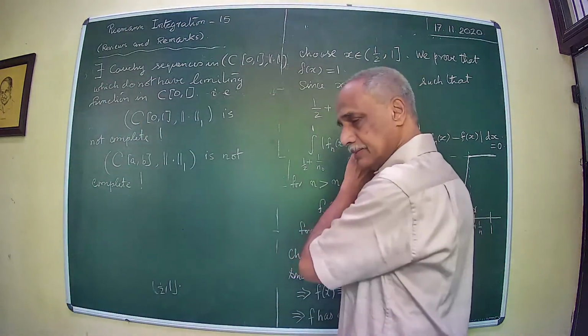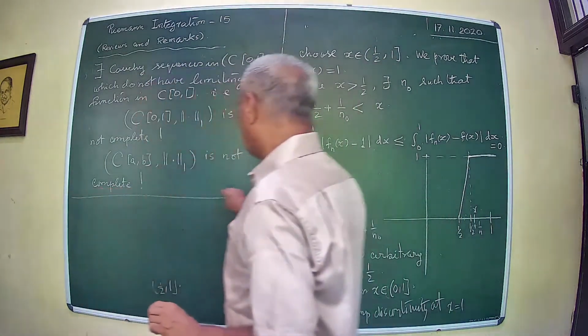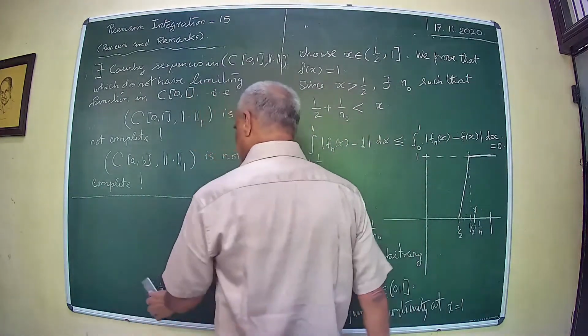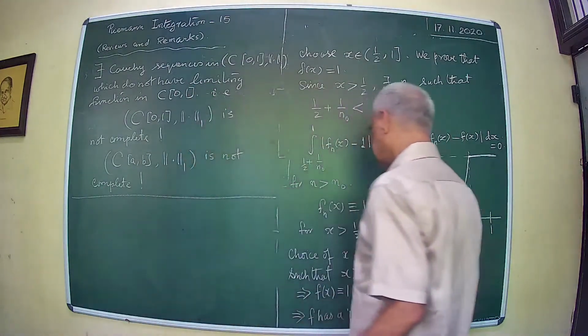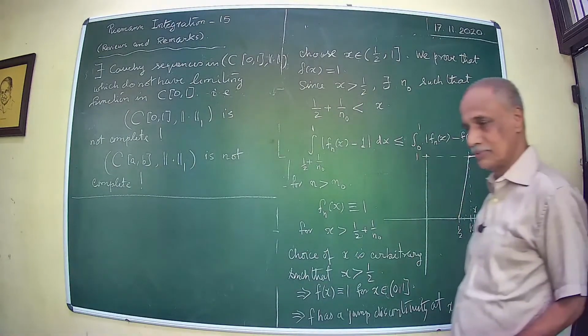That's the general statement. Okay. So you see that the change of norm and the consequent change of metric has made things go wrong.